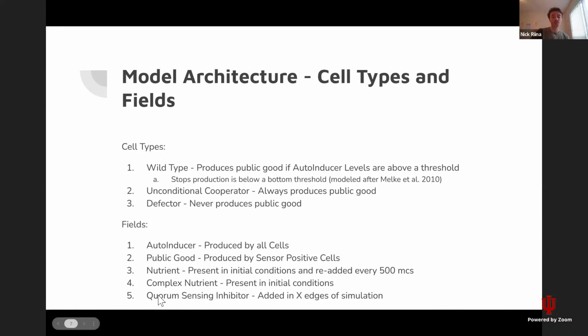Then we have the complex nutrient, which also initially starts in the lattice at every location, and it is not added every 500 MCS.